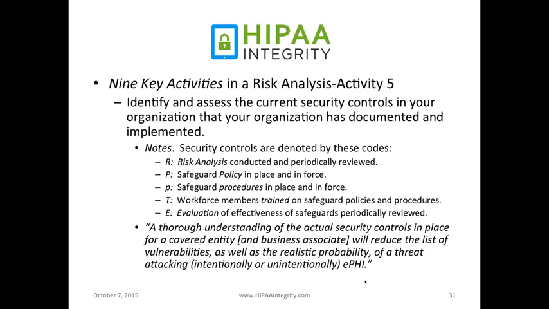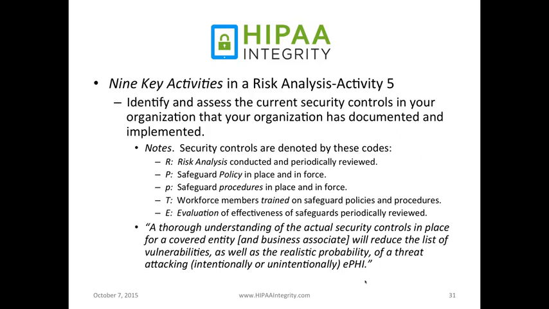In Activity 5, you want to identify and assess the current security controls that your organization has documented and implemented. Each of these builds upon preceding information compiled. Here are the 5 codes: risk analysis has been conducted and periodically reviewed, safeguard policy in place and enforced, procedures in place and enforced, workforce members are trained on those safeguards, and you have periodic evaluation.